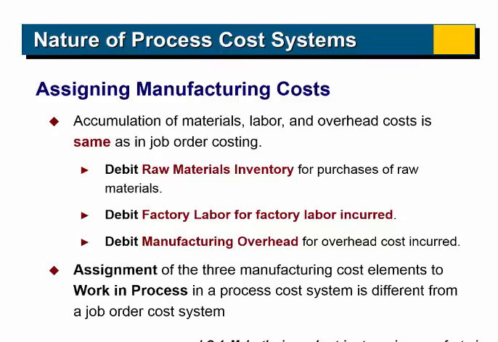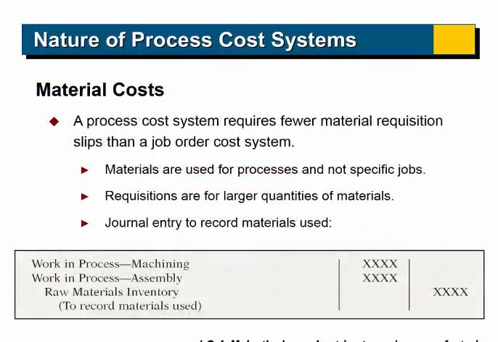All right, so these cost elements are all going to be assigned into the work in process in our process costing system. So here is what I was describing with the material cost. As we put materials into the specific departments for their use there, we would have requisitions, but again, it's most likely for larger quantities.